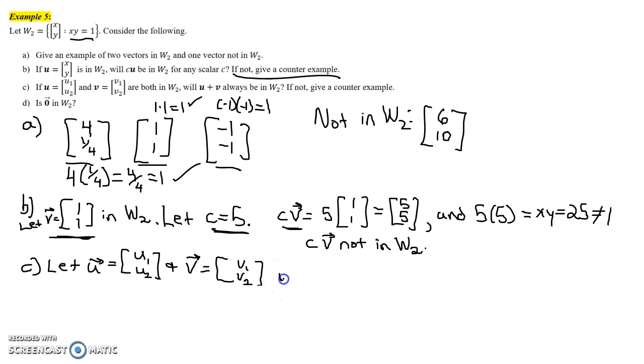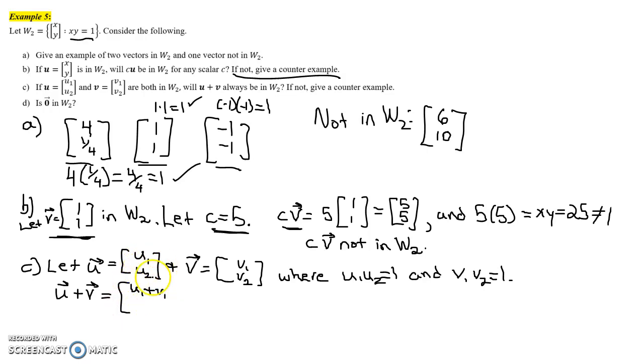So that would mean that u1 times u2 is equal to 1, and v1 times v2 is equal to 1. And the question is, will u plus v be in W2? So u plus v would be, we just add the first components, u1 plus v1, and add the second components, u2 plus v2.